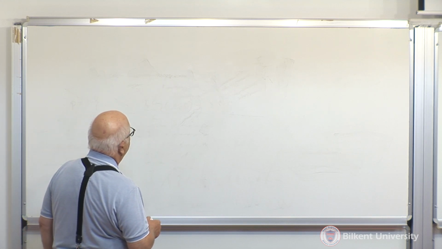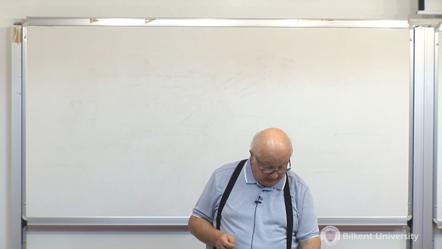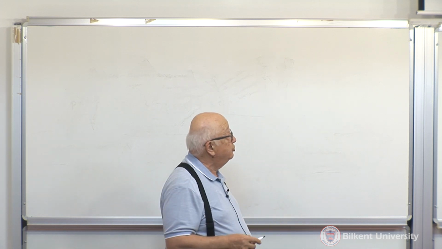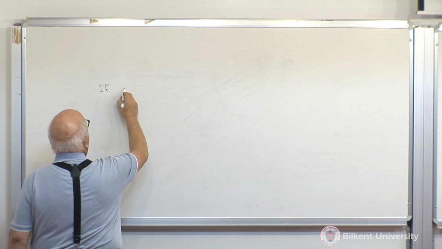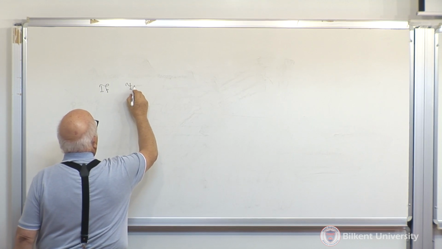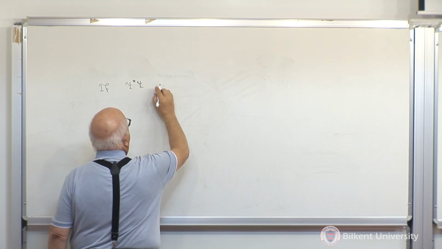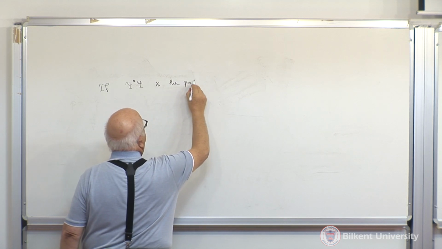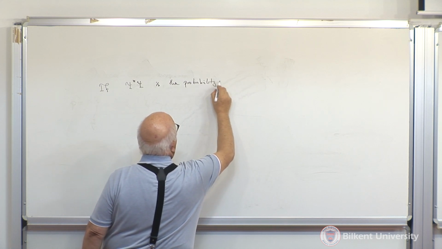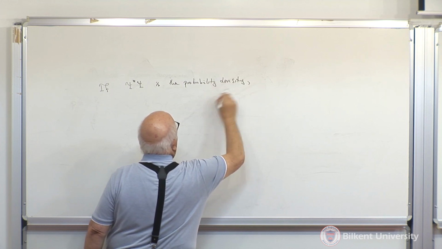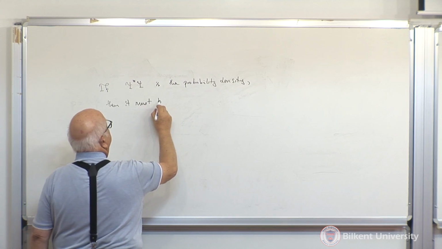So first of all, we'll need to, let me see if I want to say anything else. Yeah, okay. So if psi star psi is the probability density, then it must be normalized.